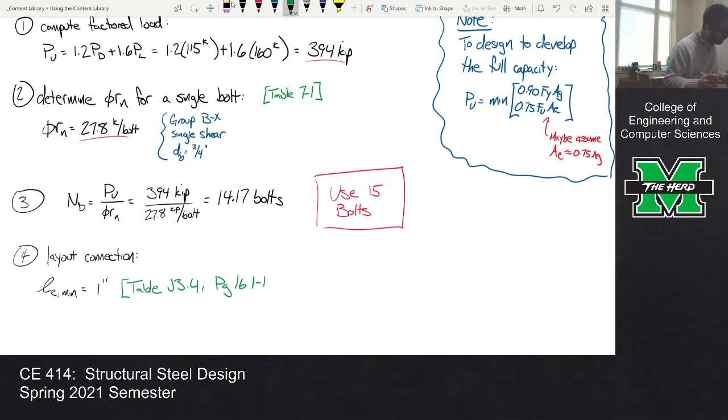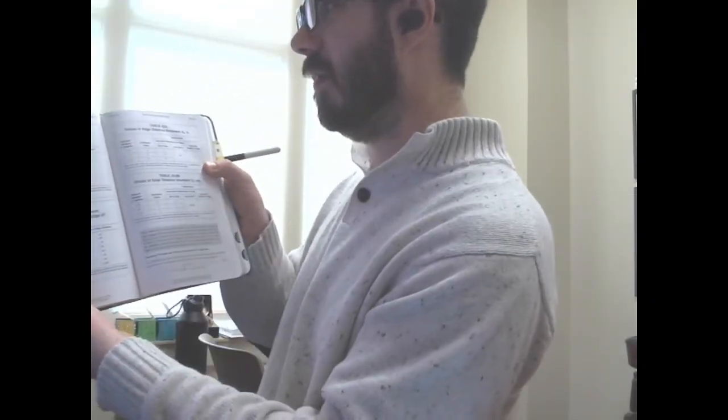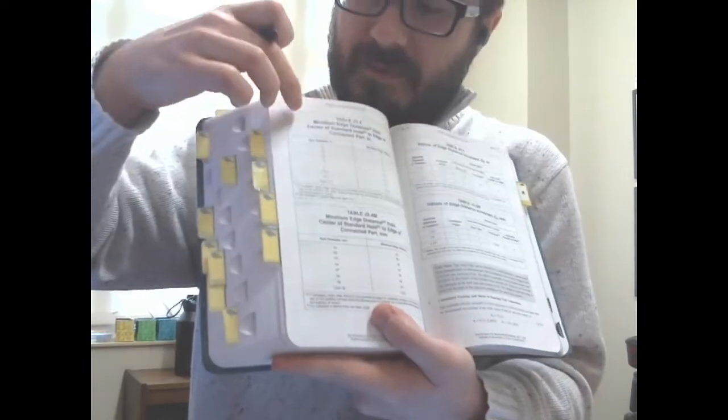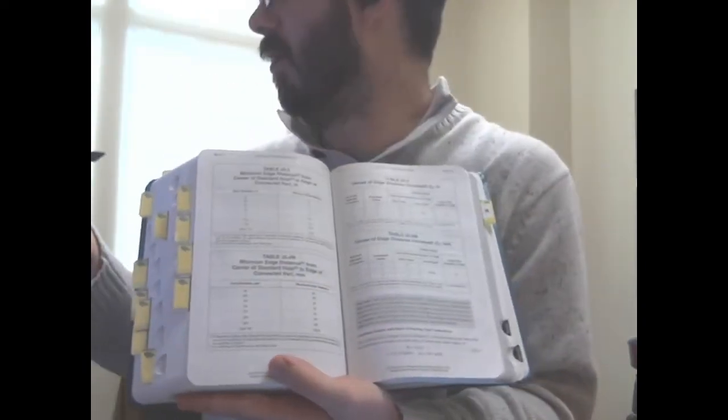Yeah, I think it's 132. All right, so just so everybody's clear, if you see here on the camera, we're going off of 16.1-132, the minimum edge distance table, so 3/4 inch diameter, 1 inch. That's where that's coming from.